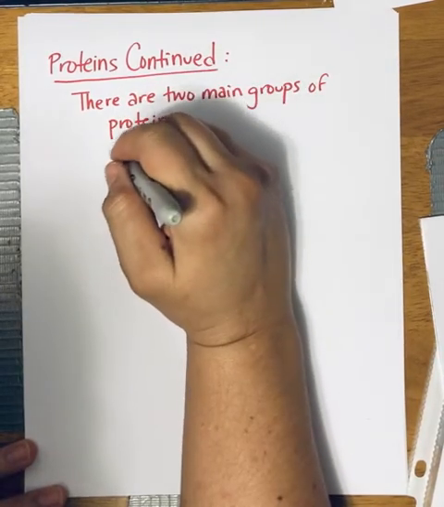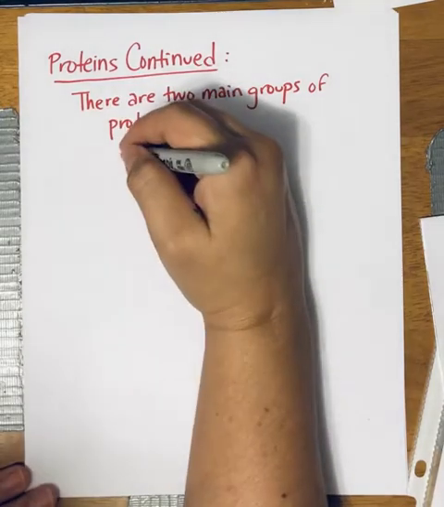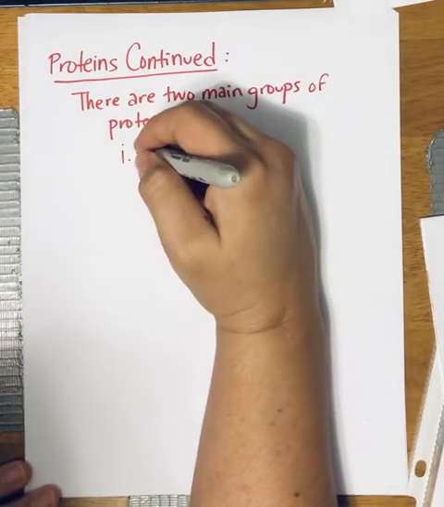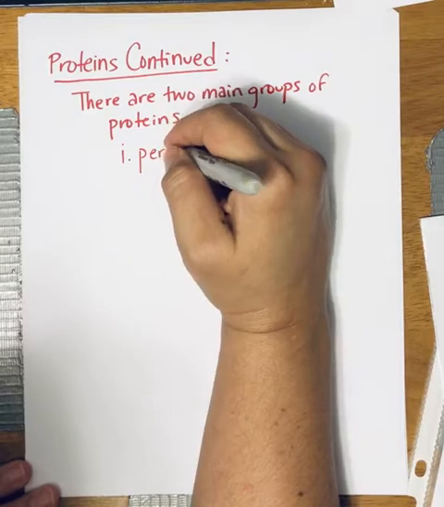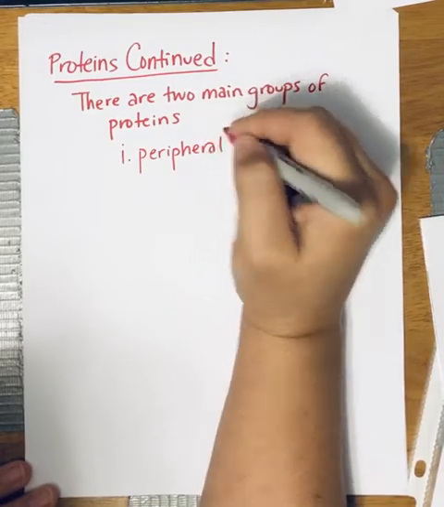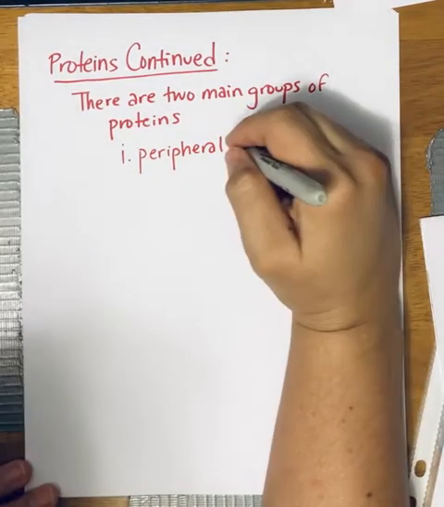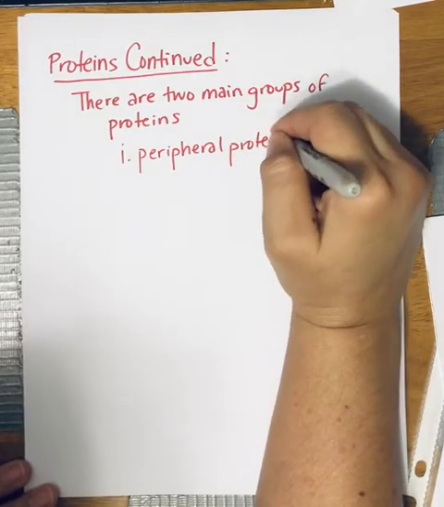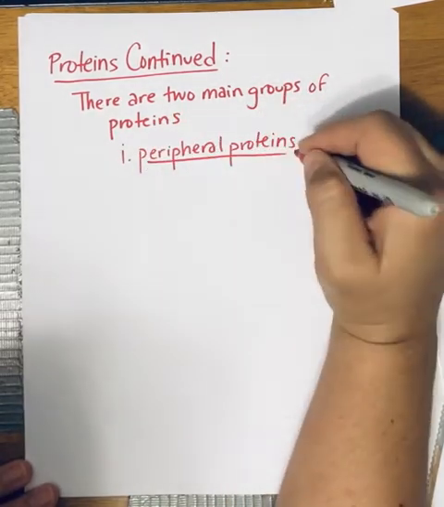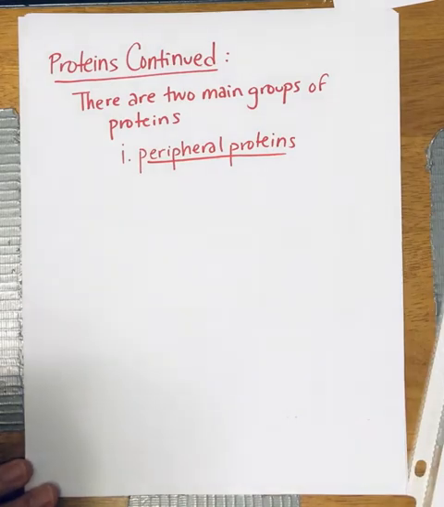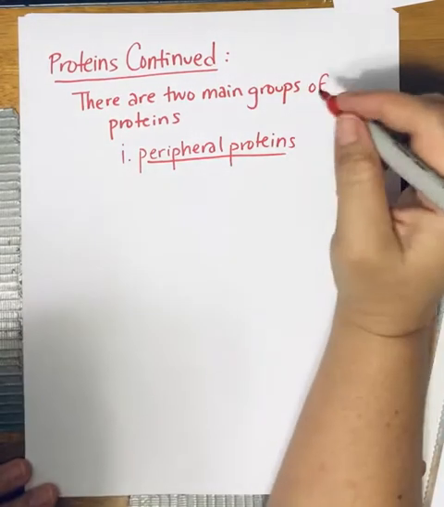The first one is what we call peripheral proteins. Peripheral means on the outside, like if you think of your peripheral vision. Peripheral proteins are only loosely anchored to one side of the membrane.